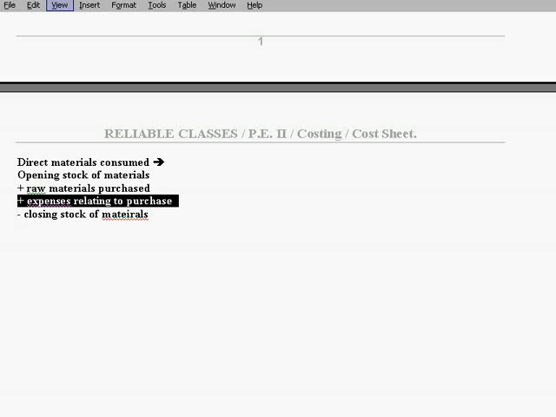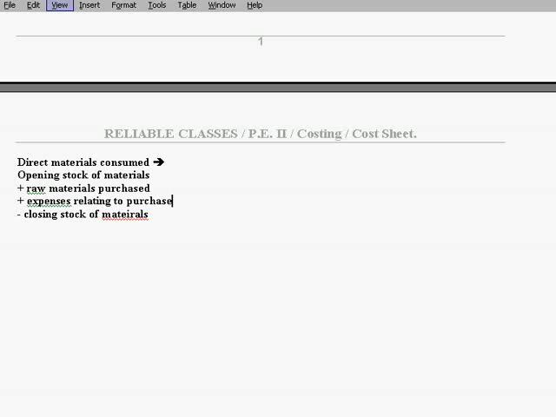Relating to buying goods means, suppose while buying we had to pay some commission to a broker in between. And to bring it to our premises, carriage inward, freight inward. While bringing, suppose it is imported raw material, then import duty, octroi duty, check naka pe octroi duty.